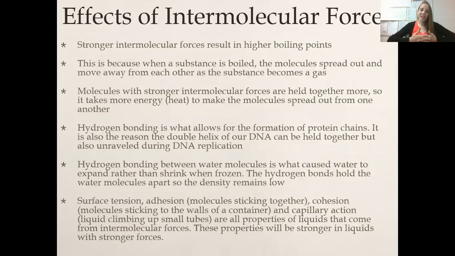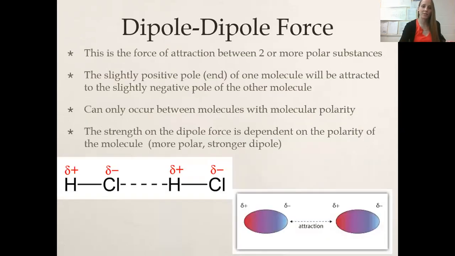Okay, the effects of intermolecular forces. So they can change things like boiling points. The stronger the intermolecular force, the higher the boiling point of that substance. So for example, when we just went over dipole-dipole forces, the example here is hydrochloric acid.